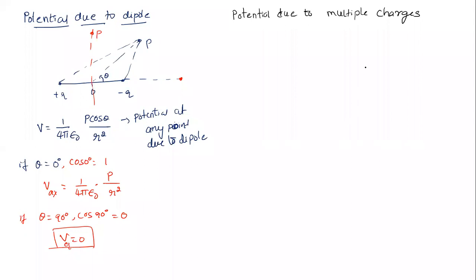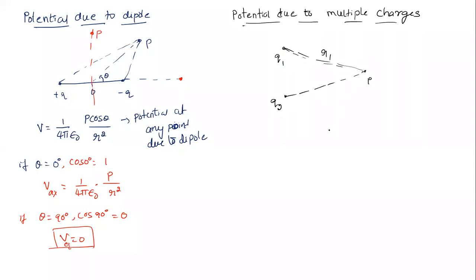So I want to find out the potential. Potential means what here? It is electrostatic potential. At some point P, I need to find out the potential due to some different charges. Let's say charge Q1 is at a distance of R1 from this point, Q2 is a second charge at a distance R2.